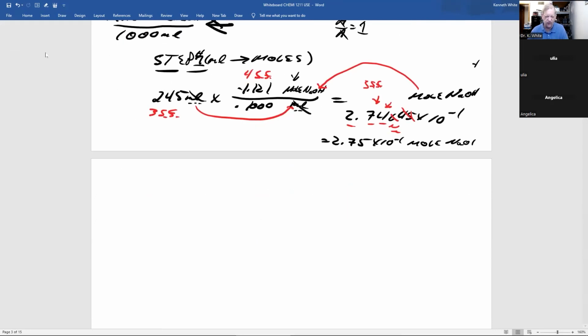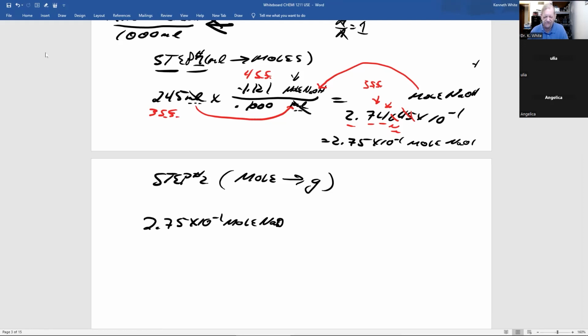So now we have to do step 2, which you learned for test number 2, and that's moles to grams. And how do we do that? Well, we just calculated we need 2.75 times 10 to the minus 1 mole of sodium hydroxide, and we want to get to grams of sodium hydroxide.